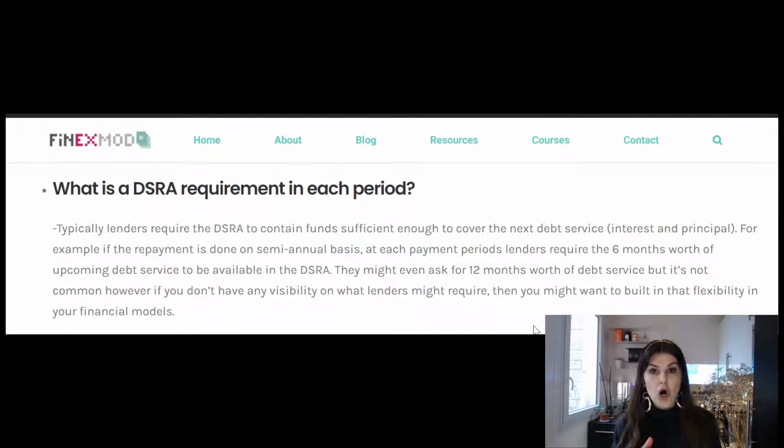So this debt service reserve account needs to be fully funded. And if not, then the distribution will lock the dividends, right? So those are the things that, when we are discussing, you need to think about, and you also need to reflect all these flexibilities in your financial model. I have seen cases where, for example, there was a semi-annual debt repayment.